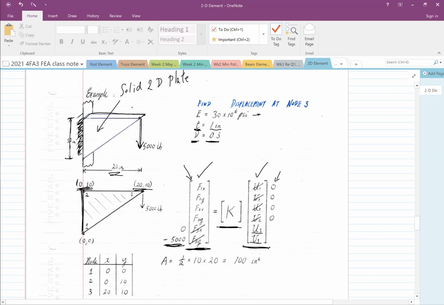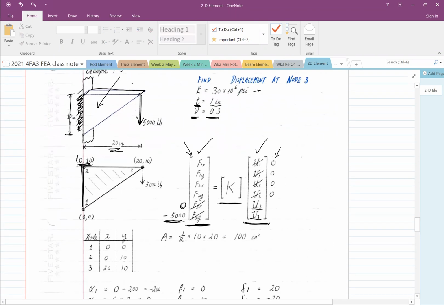There isn't any force, I didn't write something like 20 pounds. So there is no applied force on the x-axis on node 3, so I named it 0.